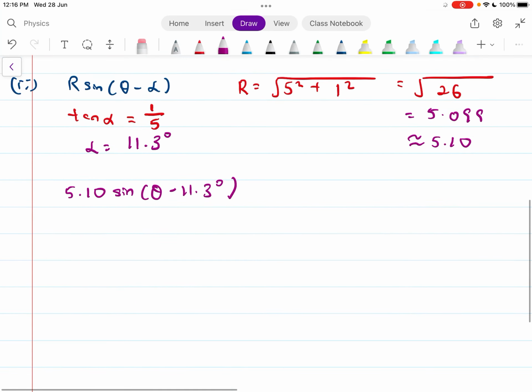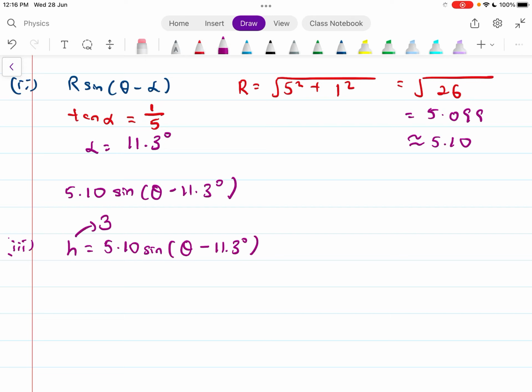Okay, the last part is to solve. Let's write down part 3. We find the value of theta where C is 3 meter above the ground, meaning that h is 3 meter. So let's put h equal to 5.10 sine (theta minus 11.3 degree), so this will be 3.